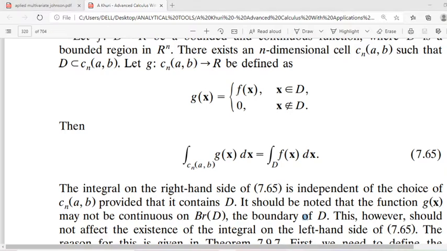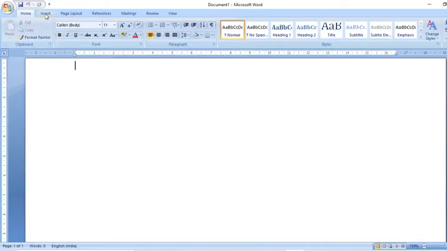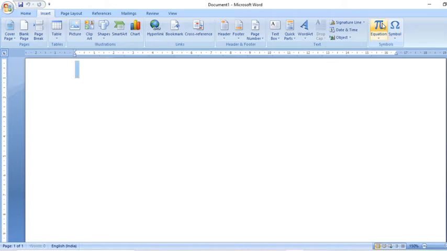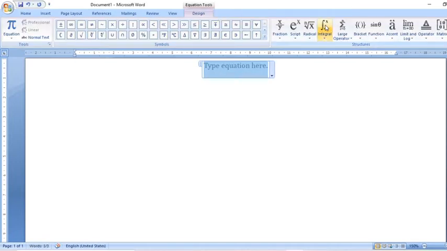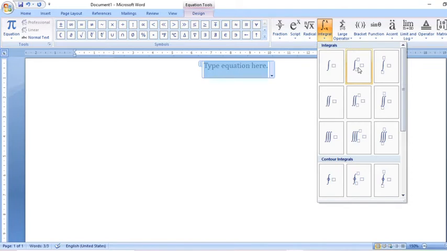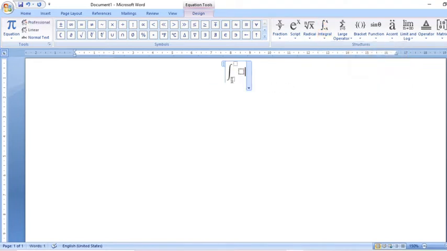I will show you how you obtain that step. Let us insert a function, that is, the integral over Cn of a comma b of g of x dx. These are all vectors.